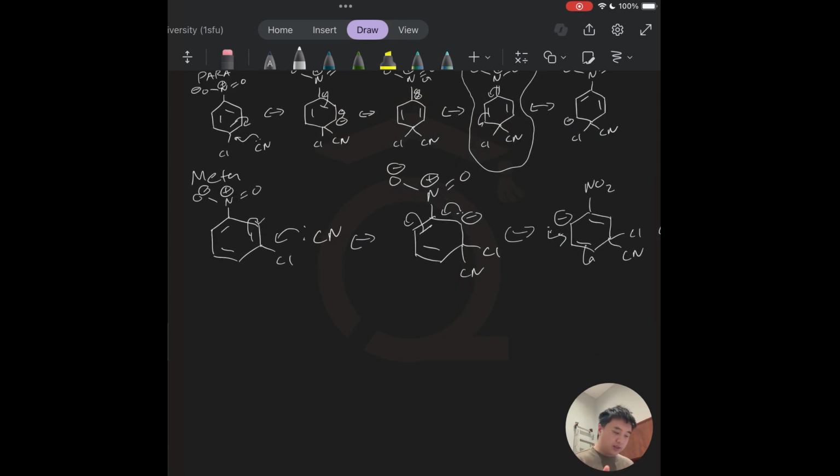One more thing I wanted to mention is the more electron withdrawing groups you have on your ring, the faster the reaction will go.